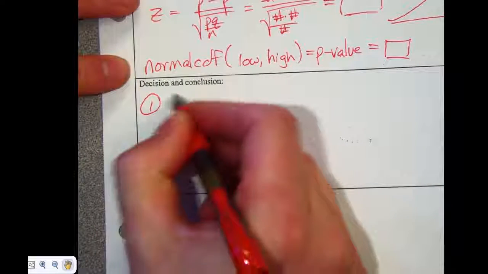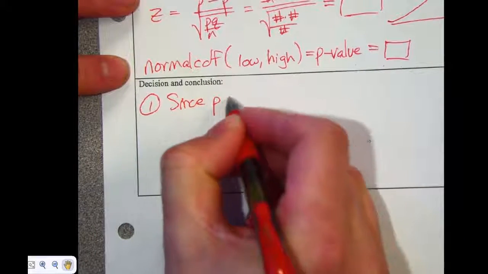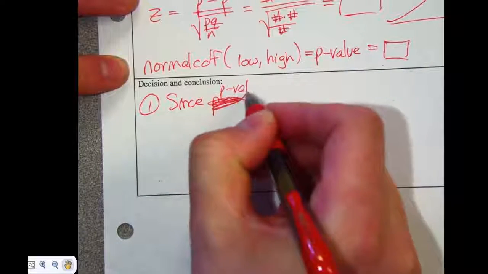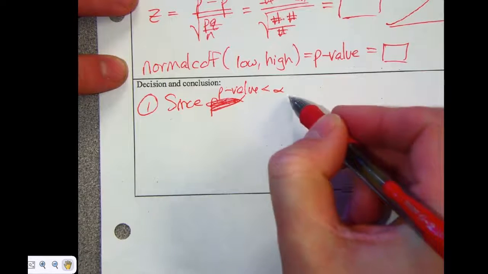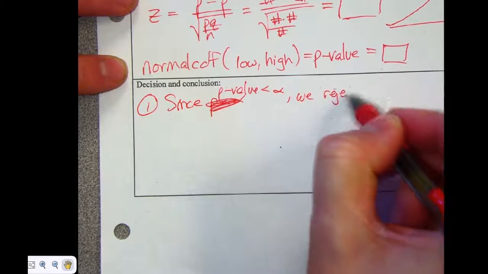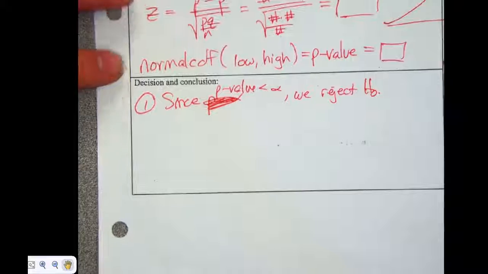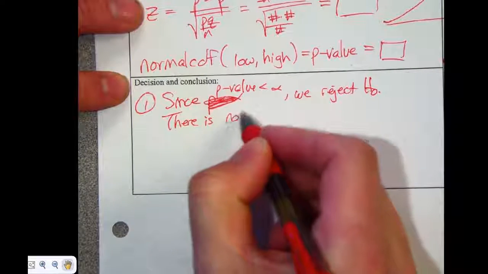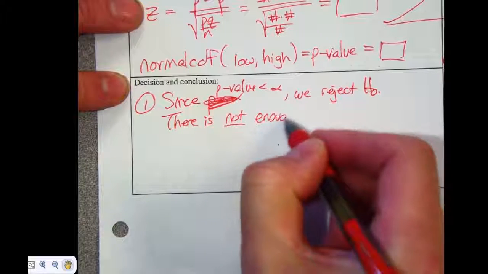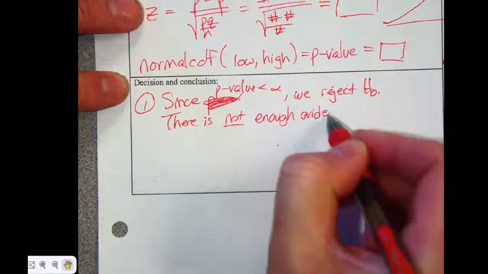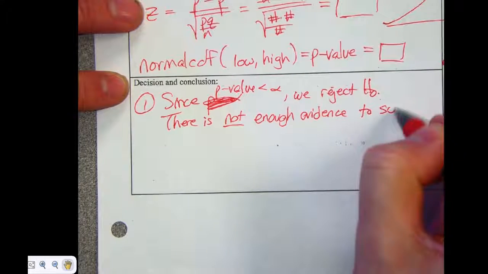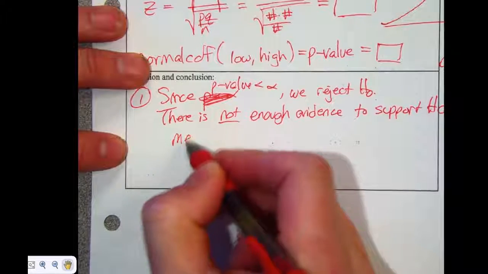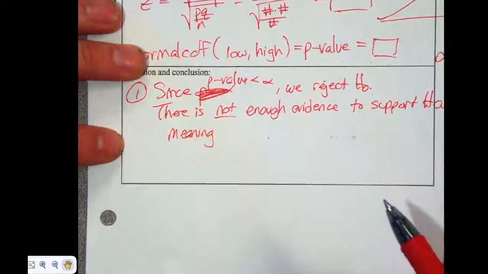So your options are, since P value is less than alpha, in that case we would reject H naught. There's not enough evidence to support HA. Wouldn't there be enough evidence if we reject H naught?